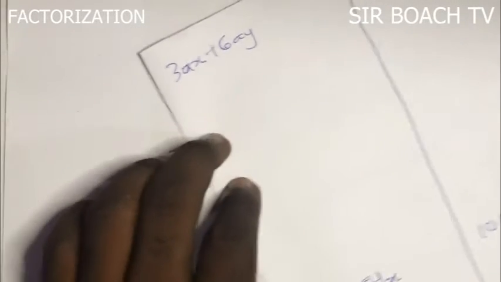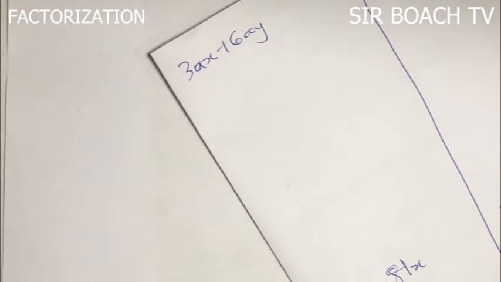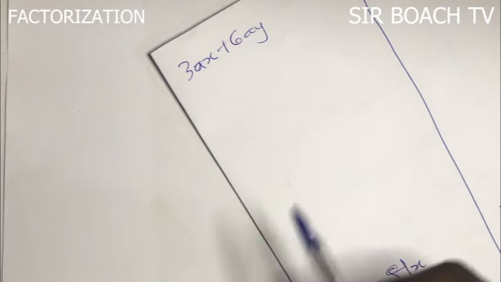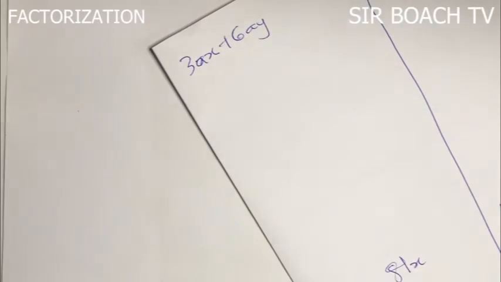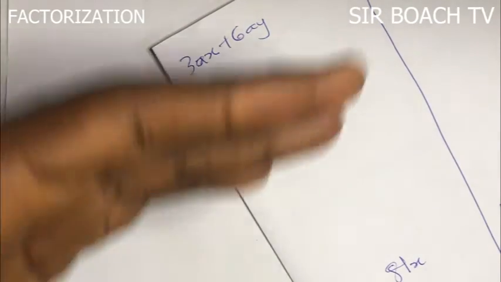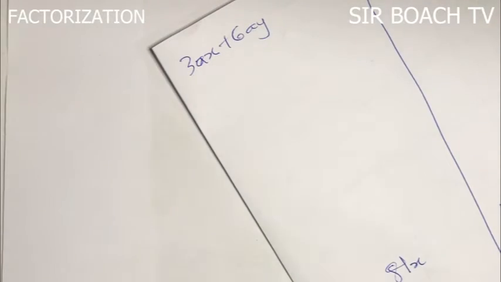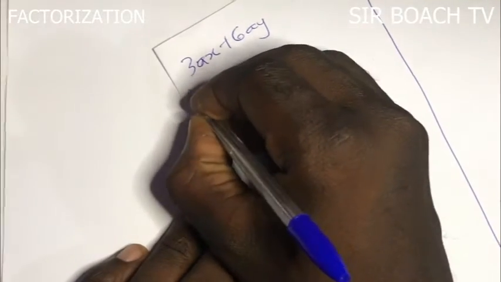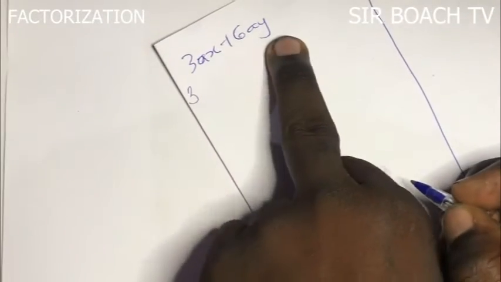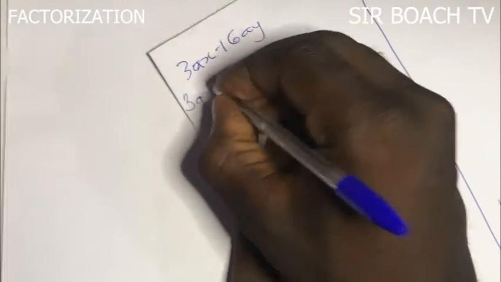All right, for the first one, we are factorizing. We can see clearly that it involves numbers and letters. So let's start with the numbers; after we factorize the numbers, we go to the letters. We can see clearly that 3 can go into 6, right? If we look for the factors of 6, 3 is part, so we can bring 3 out. And there is a here and a here as well, so we can bring a out too.